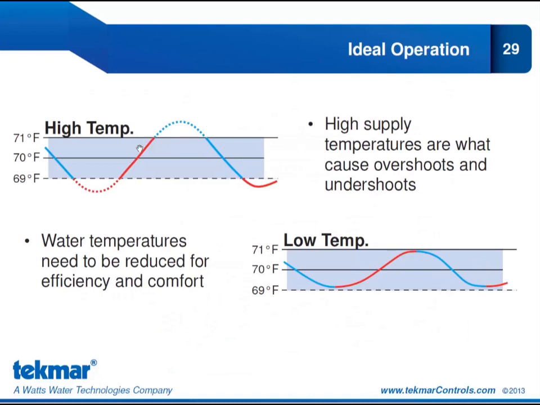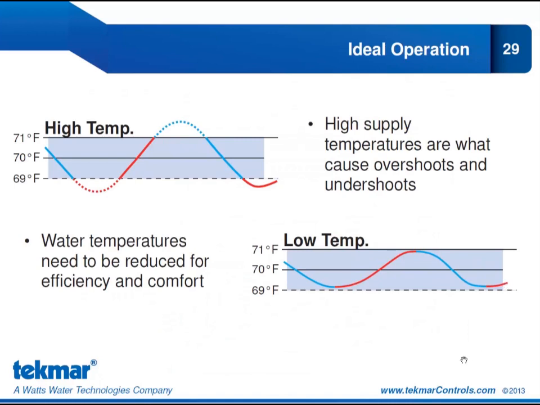We're going to have complaints about comfort, that the room is too cold, it doesn't stay just right for very long before it's too hot. To avoid that, what we want is to circulate low temperature water. If we are circulating low temperature water, we are not going to see those undershoots and overshoots.